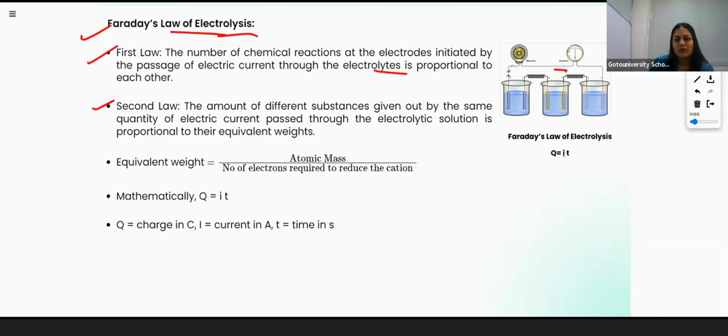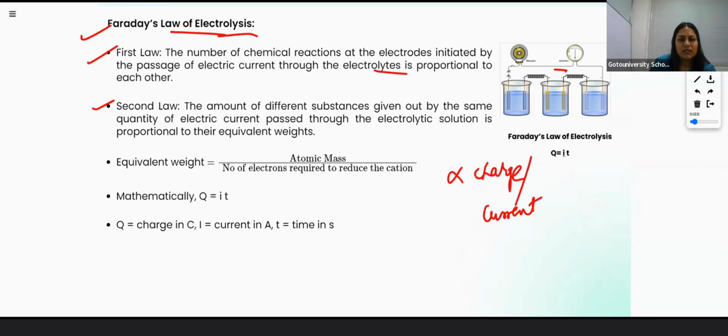That means the amount of chemical reaction taking place in the whole cell is directly proportional to the charge, or say current, supplied to these electrodes. The higher the charge supplied to this electrolytic cell, the more product will be produced, and the higher the rate of chemical reaction.